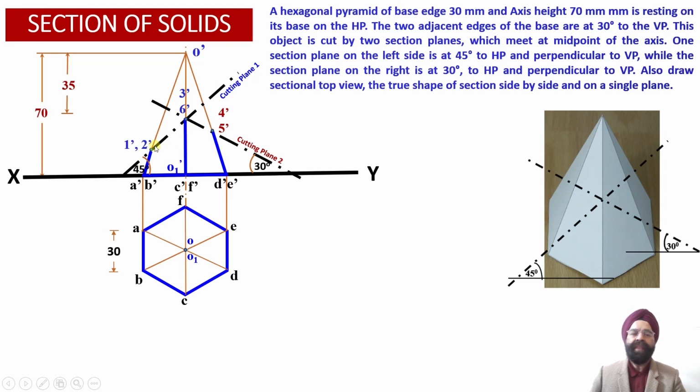Now let us obtain these 6 points of intersection into the top view projections over here.